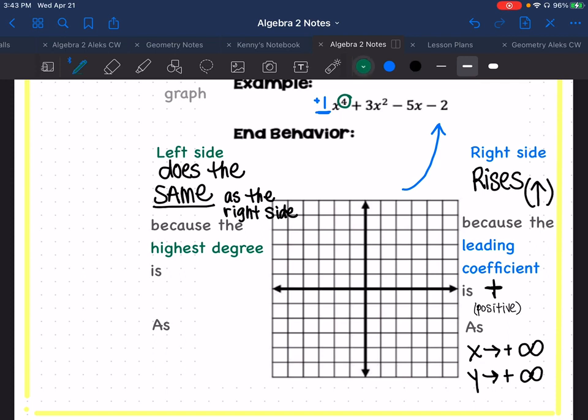Okay, so it's going to do the same as the right side. Since the right side rises, so does the left. Okay, but it's not rising because it's even, it's rising because the right side is rising. Okay, so you always want to do the right side first because the right side is going to dictate what the left side is doing. This is because my highest degree is even.